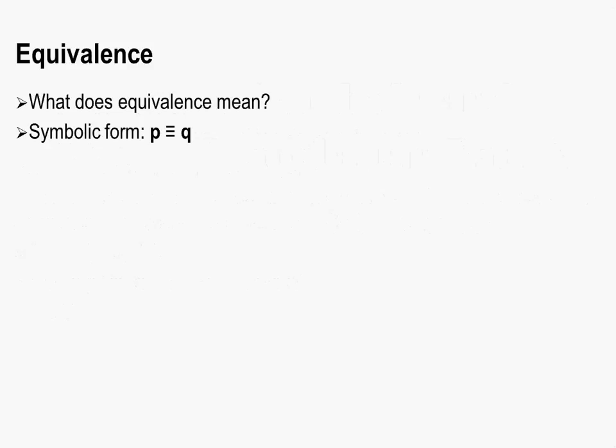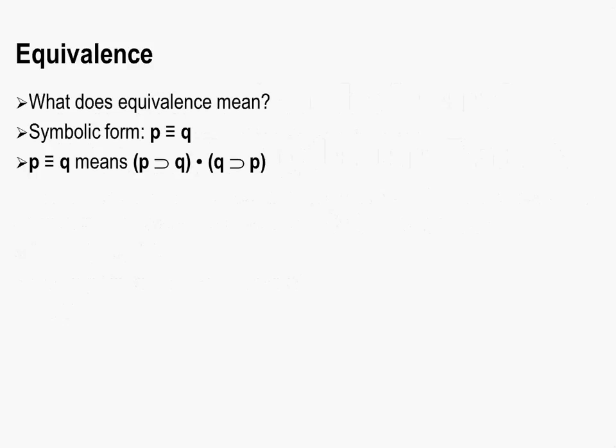So again, it's a conjunction of two conditionals where the order of the antecedent and the consequent are reversed. That means that P if and only if Q, that is P triple bar Q, means if P then Q, and if Q then P.